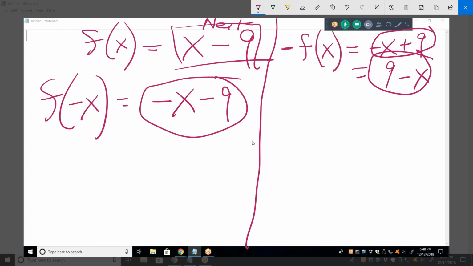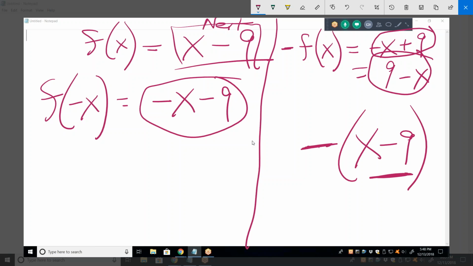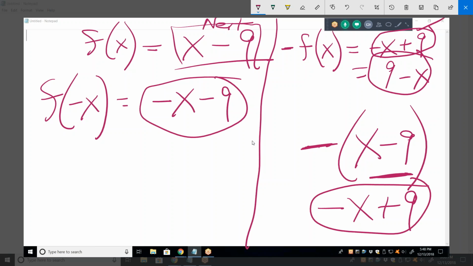So actually the first step to the problem maybe is figuring out what negative f of x is. The way you figure out negative f of x is you put a negative sign in front of the whole thing. There's f of x, there's negative f of x. Then take away the parentheses, you have minus x plus 9, which is what we got. So that's negative f of x, and that does not equal that.